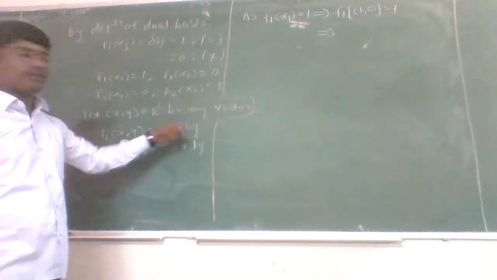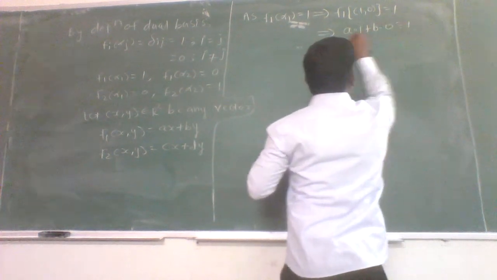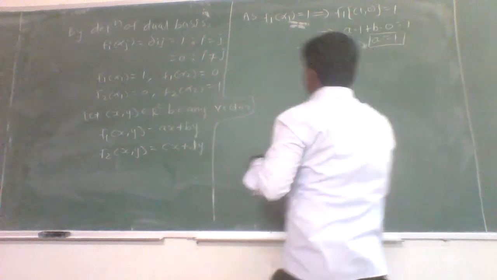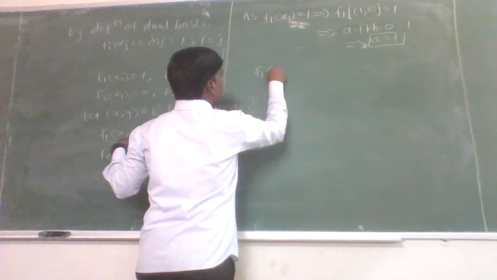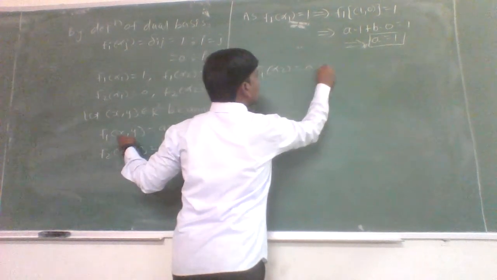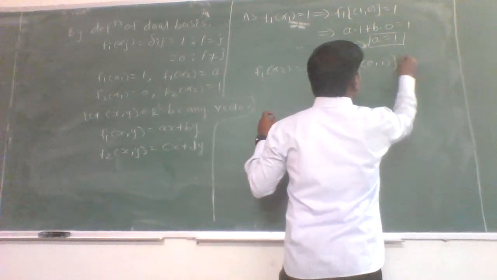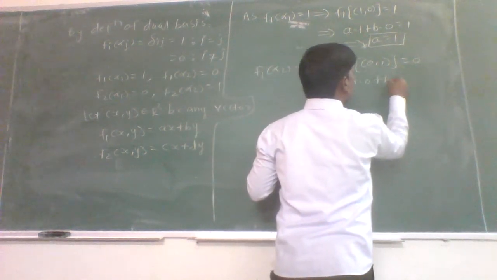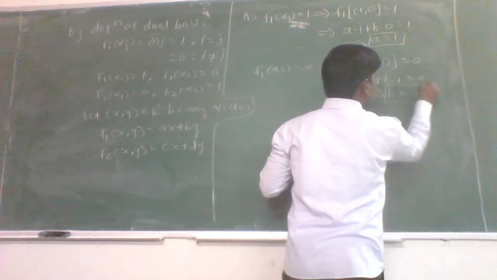Put x equal to 1 and y equal to 0, then we get a into 1 plus b into 0 equal to 1, which implies a equals 1. Similarly, F1 of alpha 2 equals 0, which implies F1 of (0, 1) is equal to 0. That is a into 0 plus b into 1 equal to 0, which implies b equals 0.